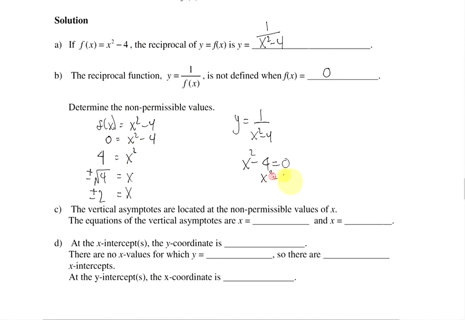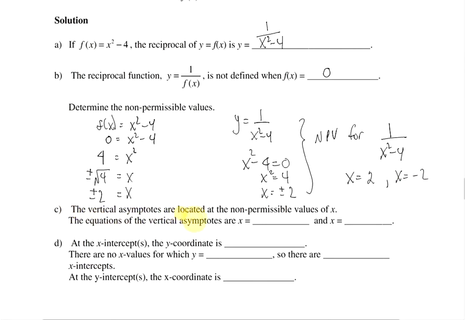So we will get the same values for x. Okay, so these are the non-permissible values for 1 over x squared minus 4. Okay, so it happens at x equals 2 and x equals negative 2.